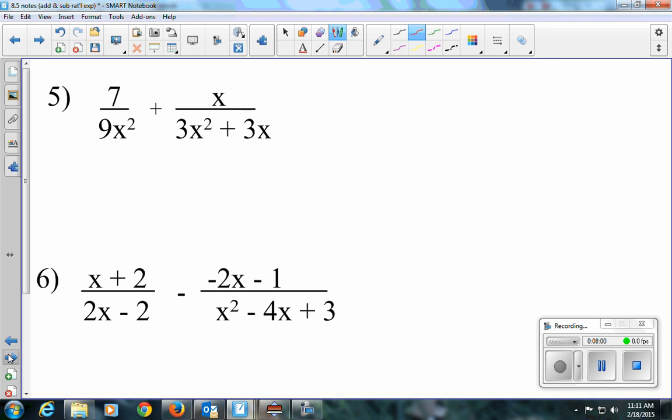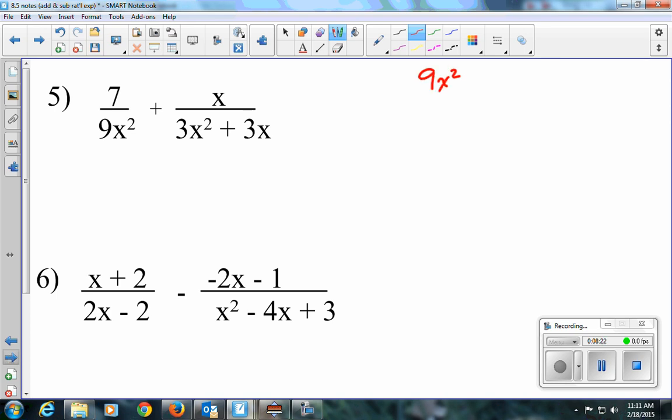Okay, so number 5. I have 9x squared plus x over 3x squared plus 3x. Okay? I see I do not have a common denominator, so I'm going to write those two terms and factor.